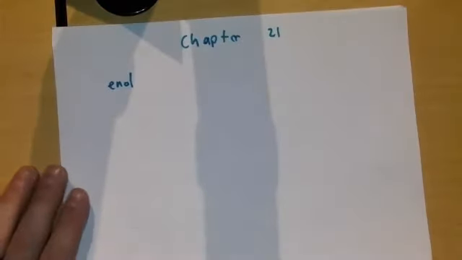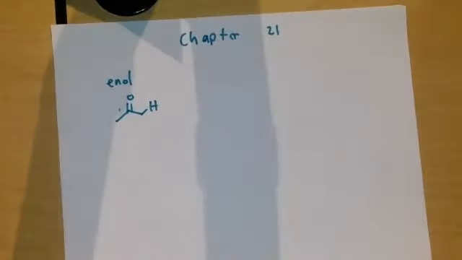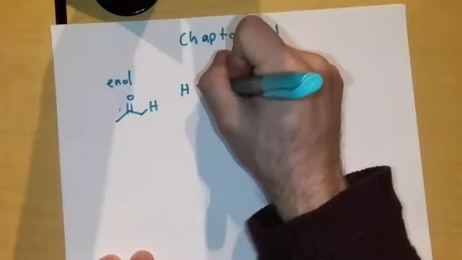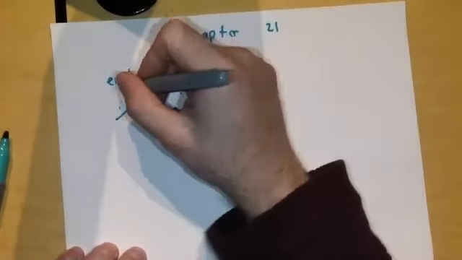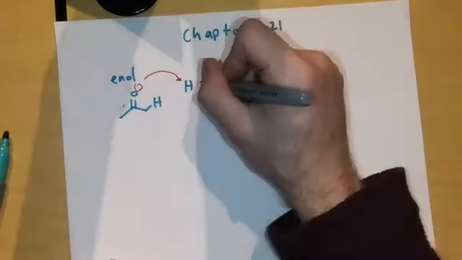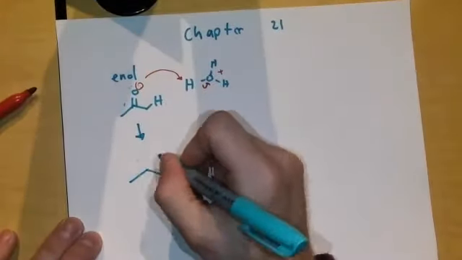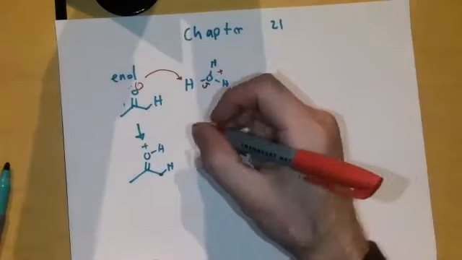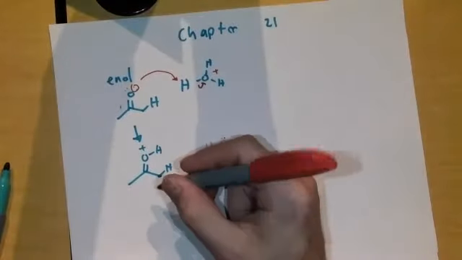What an enol is: if you take a ketone or an aldehyde, throw in H3O plus, we can pick up a proton, protonate our carbonyl, water can come in, pick off this, you call it a beta proton.